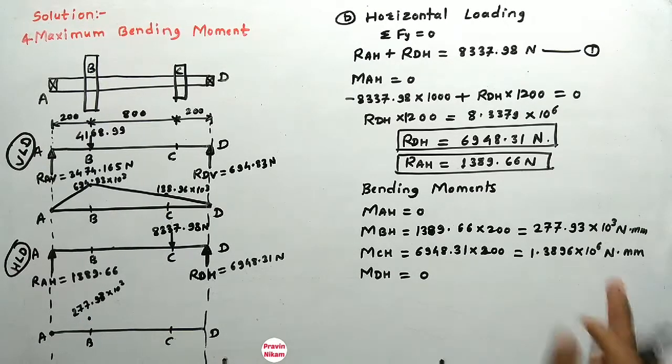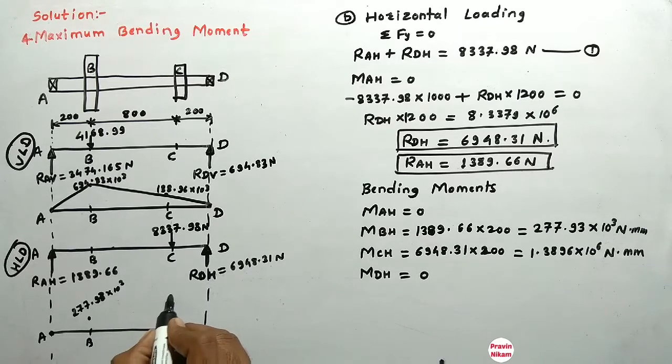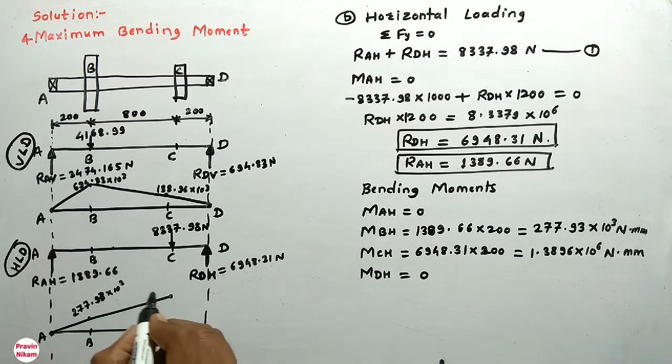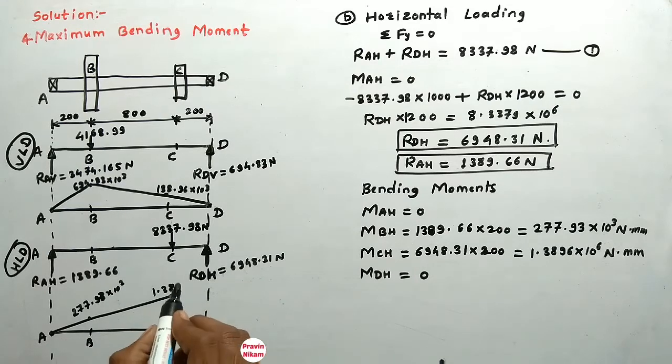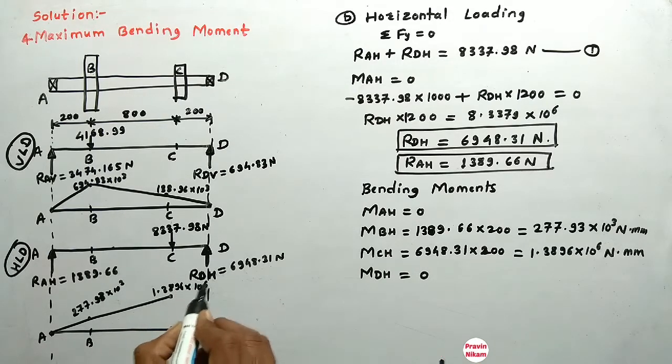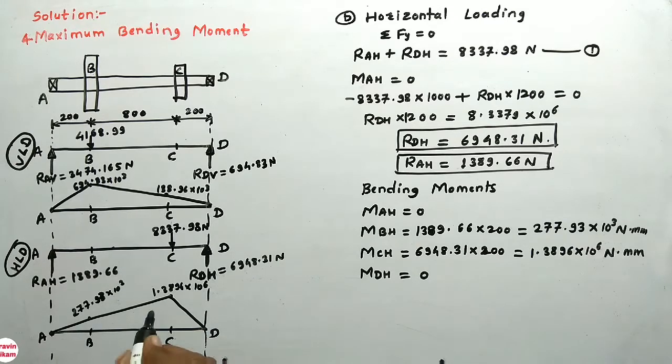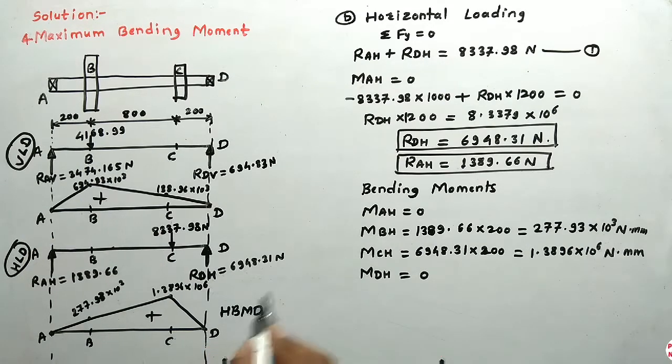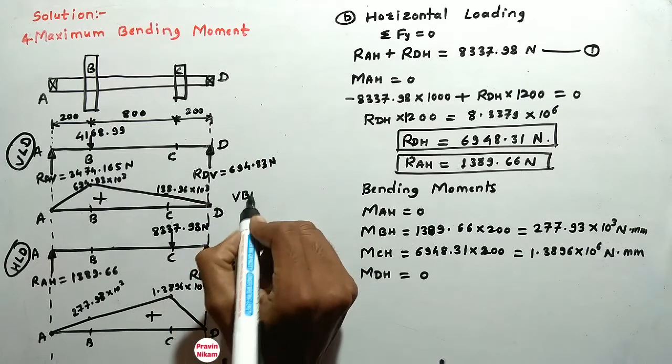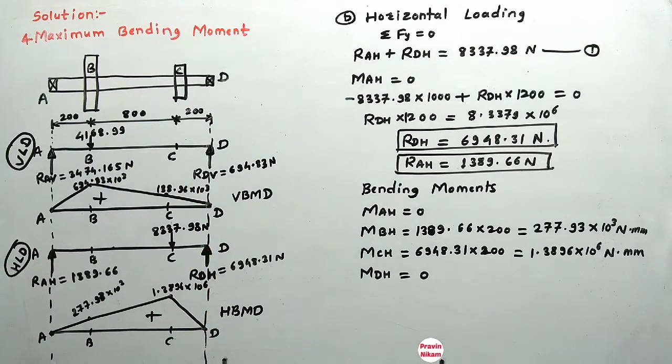Now at point C, 1.3896 into 10 raised to 6, and again 0. So this is the horizontal bending moment diagram, HBMD, and this is VBMD, the vertical bending moment diagram.